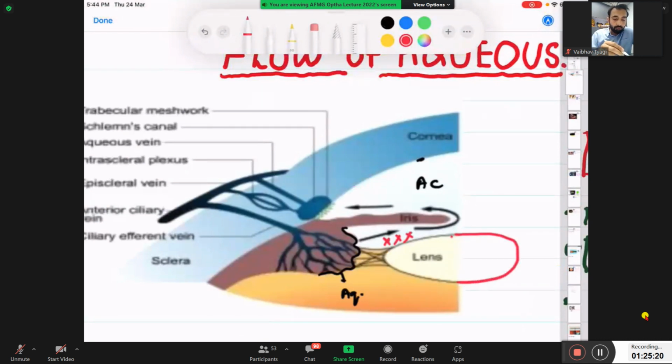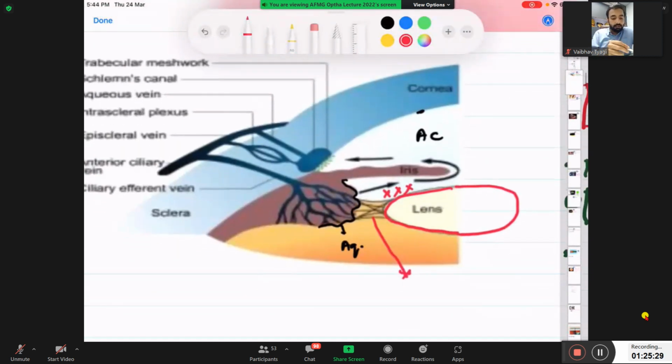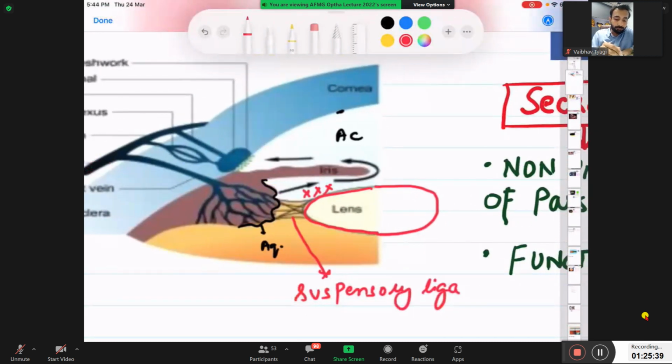This is our biconvex lens. Can you see these black threads? These black threads are called suspensory ligaments, also called zonules.